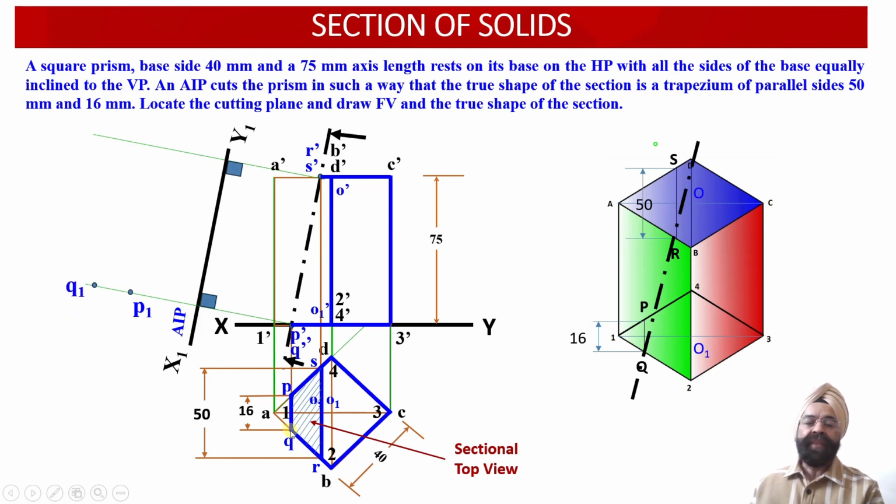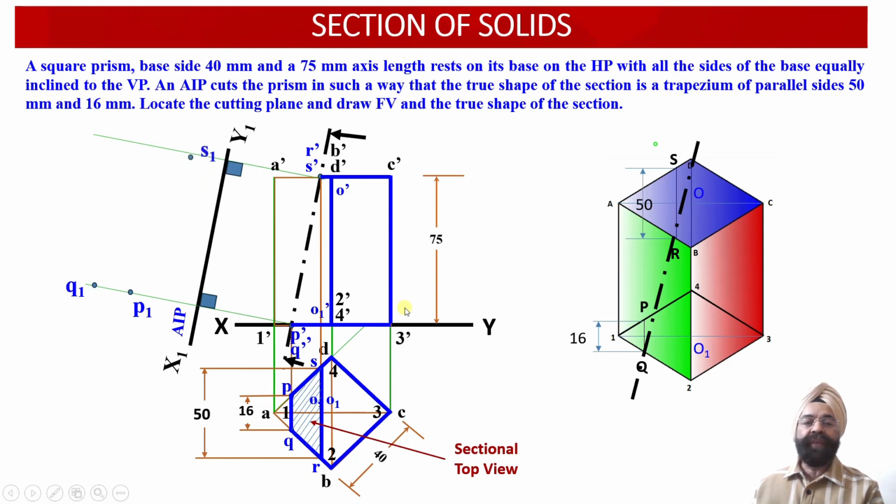Once again, we'll measure the distance of point Q from the XY reference line, now onto this projector which is emerging from Q dash ahead of the plane. The same distance from X1, Y1 will be marked onto this projector line, and we obtain the point Q1 in the auxiliary plan projection view.